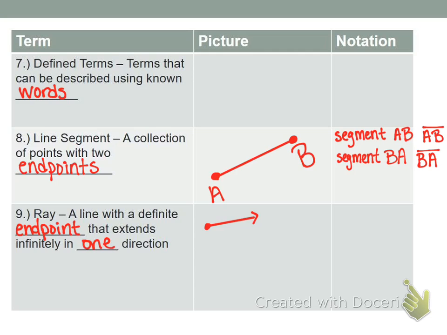Usually you will see another point labeled on it so that we can name it. You don't have to use A's and B's, but you can. So again, we could call this ray AB, or our shorthand is to use a little ray over the top of AB.